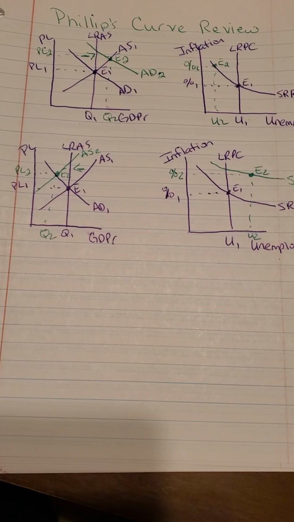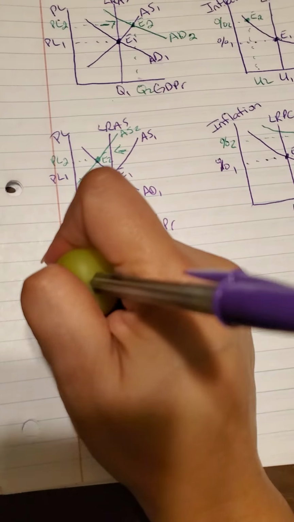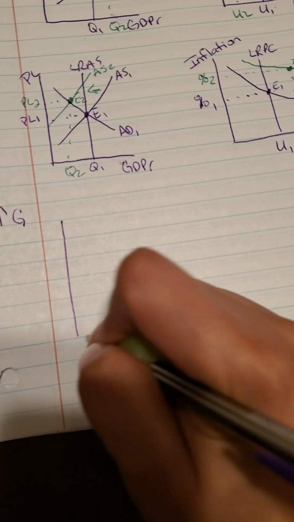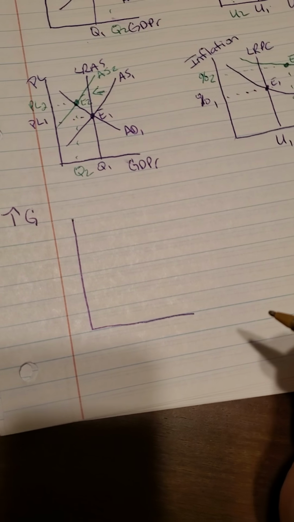So, okay, you want to try another one? Let's go ahead and say that government spending has increased. There's an increase in government spending. So again, draw your aggregate model. We'll go ahead and start it off at full employment.